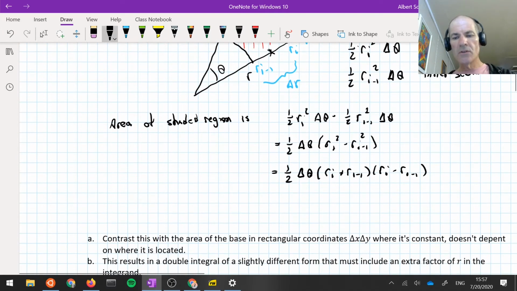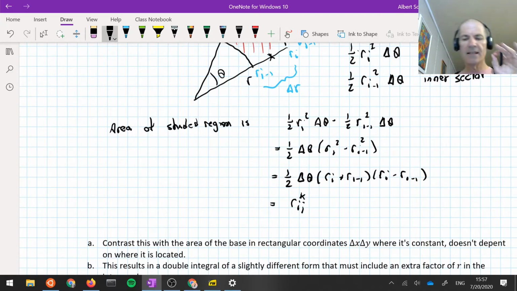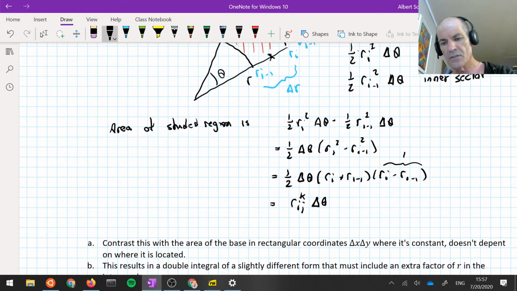So if we agree to use the midpoint rule, then we can replace this with r sub ij star. That's the r coordinate where we're going to evaluate the function. We keep the delta theta, and this is really just delta r.